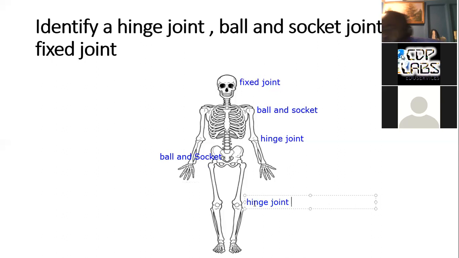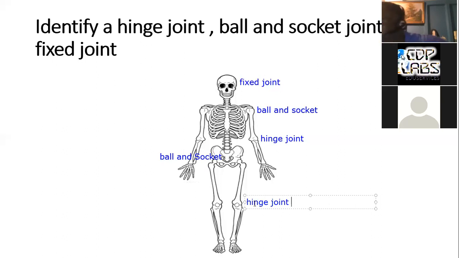All right, Alia, what did you observe? I would say that the collarbone and the pelvic girdle have the same joint, which is the ball and socket. Very good. And the upper limb and the lower limb have the same joints, in pair.